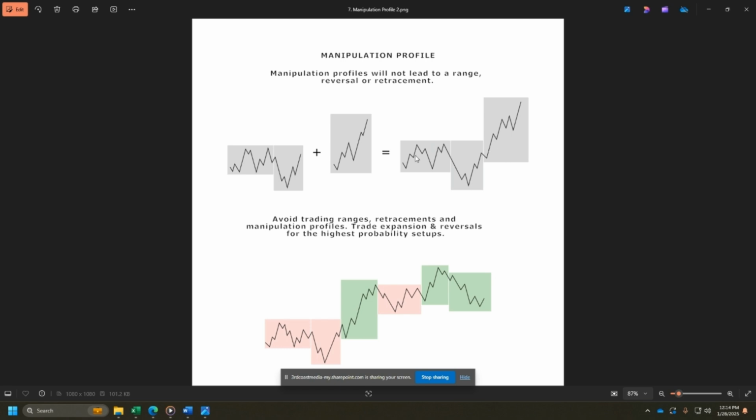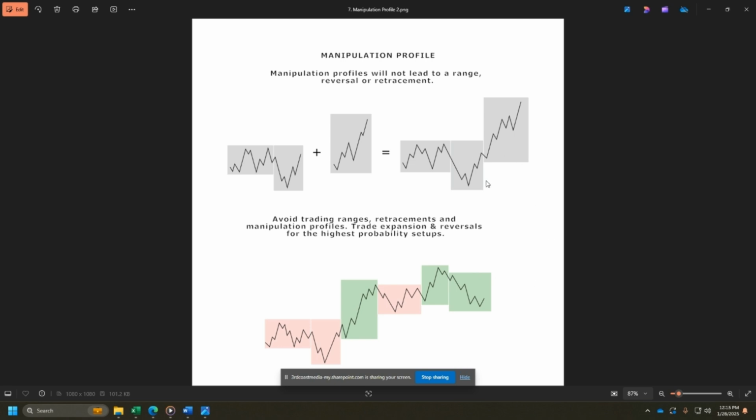We won't have a range, manipulation, and then a retracement. We also will not have a range, manipulation, and then reversal. When it comes to the manipulation profile, we're specifically expecting a range, manipulation, and then expansion. That's if it is a true manipulation profile.